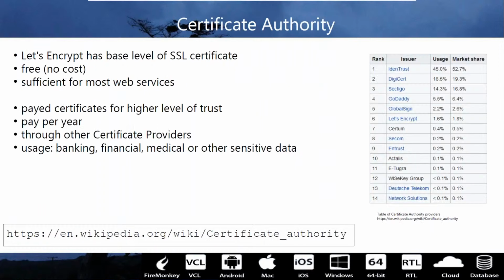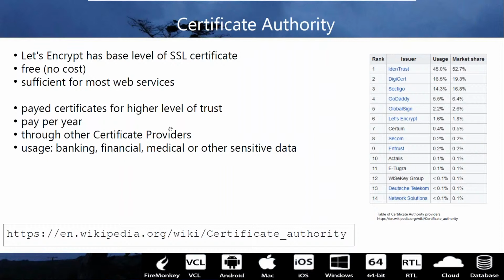There are a number of certificate authorities. Let's Encrypt has a base level certificate, but there are some higher level trust certificates. They're specifically used for banks and financial and medical institutes or other sensitive data. What that adds, because the Let's Encrypt certificate doesn't do that, is a requirement to upload a copy of your passport.